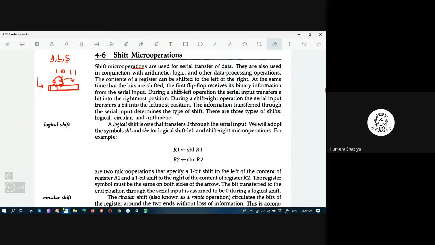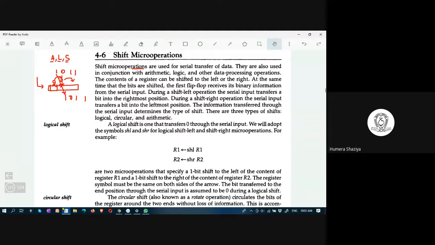Like that, if there are these bits, you can shift these bits: this one is shifted out, then this one would come here, this zero would come here, and this one would come here. This is shifting. How you are shifting your friend, like that you are shifting the bits.